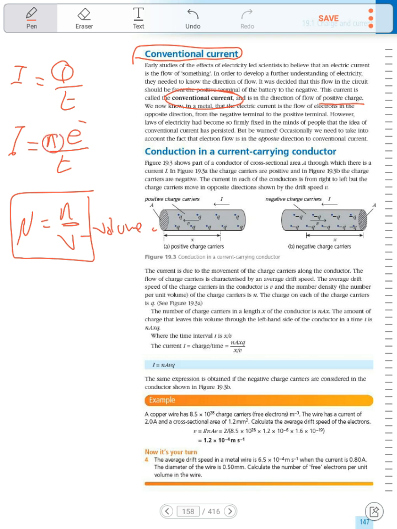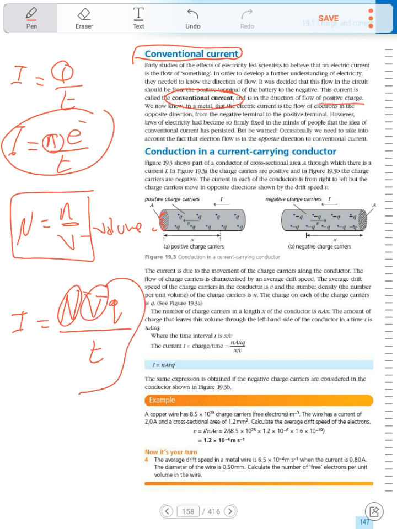So instead of n, I can write I equals capital N, which is the number of electrons density, multiplied by volume, multiplied by the charge of an electron, over time. Using the law of the volume, which is area multiplied by length, we have N, the charge density, multiplied by area, length, and charge over time.